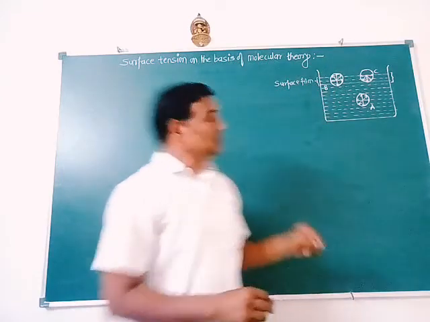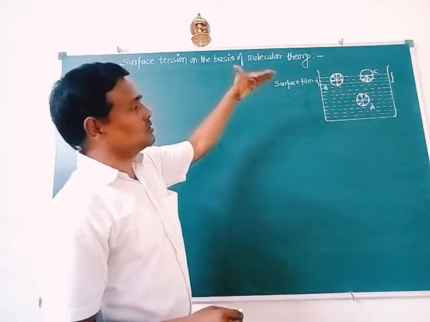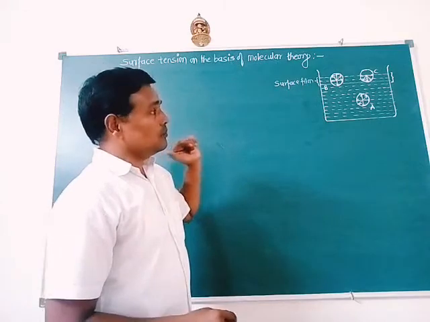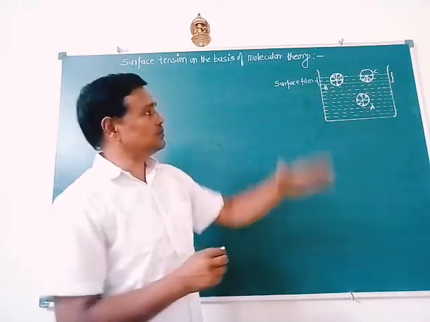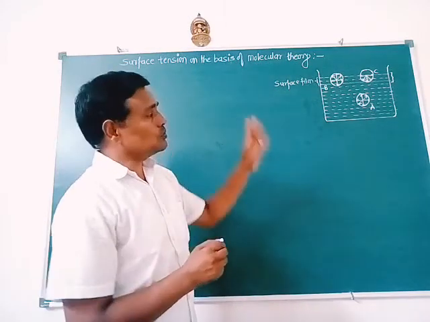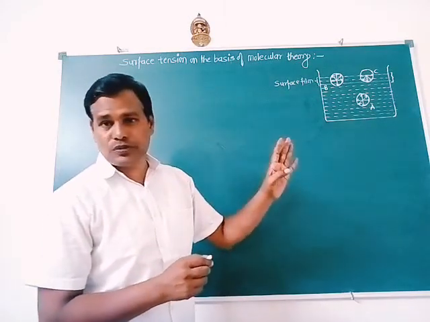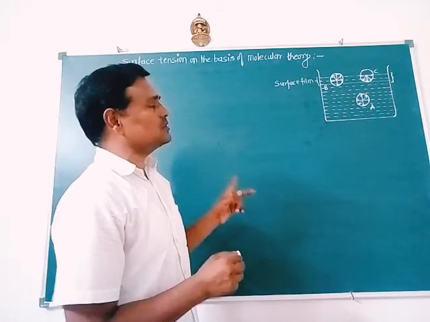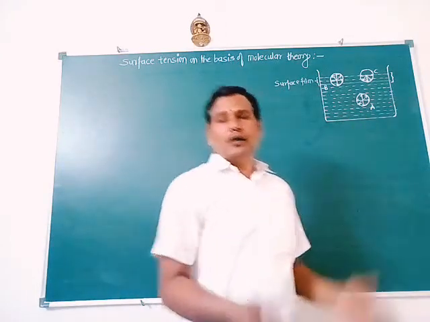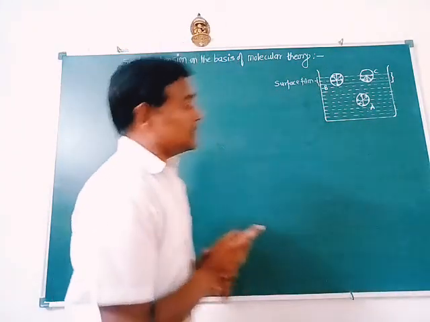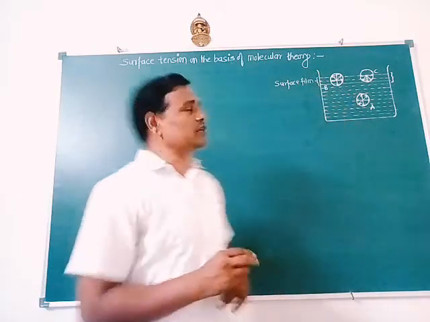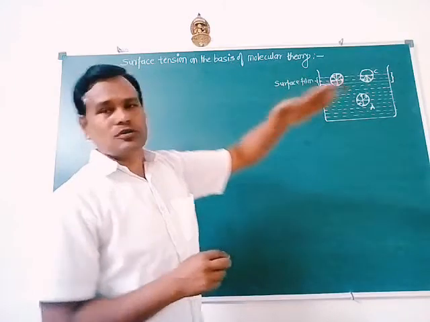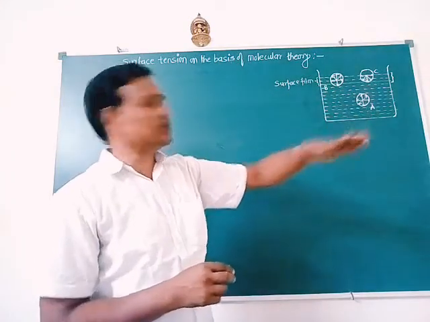Molecule B is just below the surface of liquid, and molecule C is just on the surface of liquid. So these are the different positions of the molecules which we have considered here.